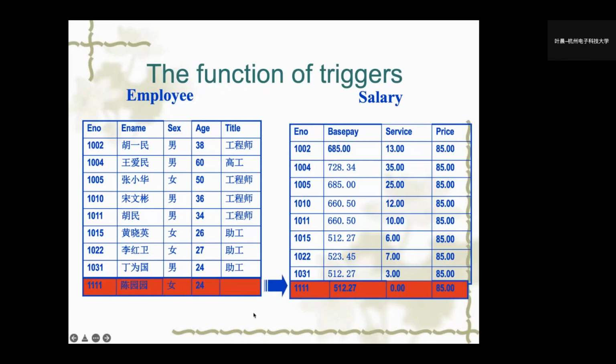So if we know the salary of this new record, we can put a constraint on the title of this new person, because we can see the new person has a salary which is not very high. We can assume that his title is not very high. So this is a constraint which we can achieve using triggers.